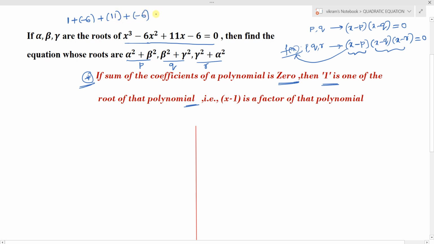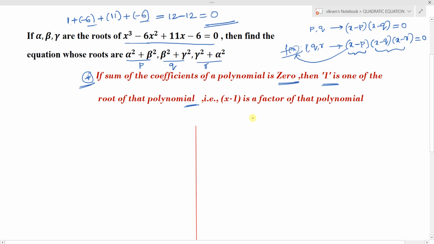If we add all these coefficients, 1 plus 11 is 12, and minus 6 minus 6 is minus 12. We get the sum as 0. If the sum is 0, then 1 is one of its roots.